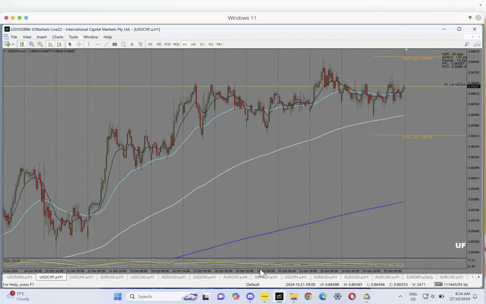All right, so that's it in terms of USD pairs. And so now, because you'll be trading AUD USD, you know the Euro AUD is going to be the opposite of what AUD USD is doing. Euro NZD is going to be the opposite of what NZD USD is doing.